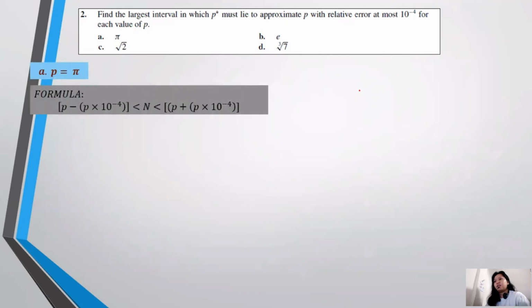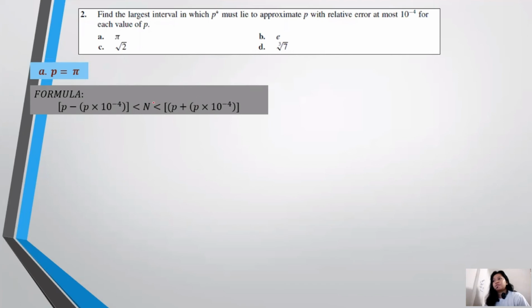The formula that we will be using is the quantity of P minus the quantity of P times 10 to the power of negative 4, which is our relative error, is less than the number, and less than the sum of P and P times 10 to the power of negative 4.